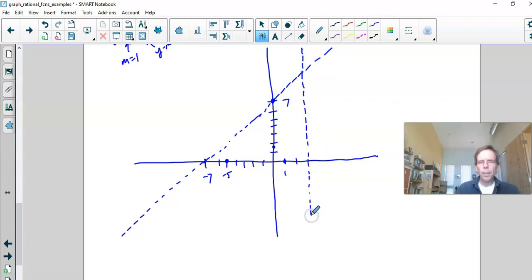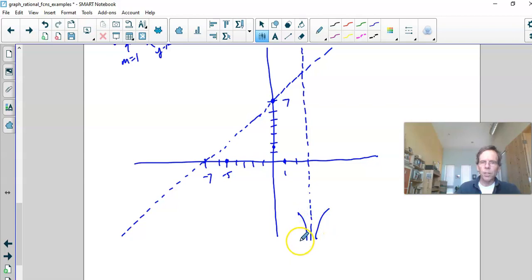Okay. Well, let's worry about this graph between the vertical asymptote and the slant line. I see that we have two x-intercepts and the y-intercept. And the behavior near this vertical asymptote is going to be either like that or like that.